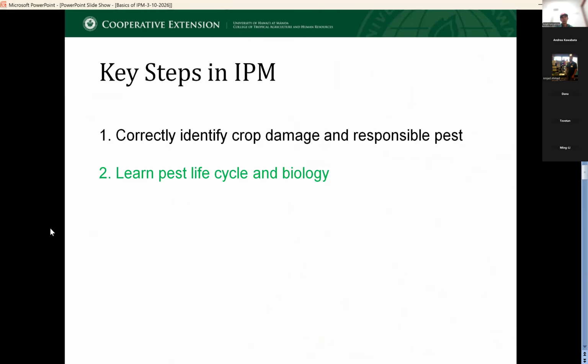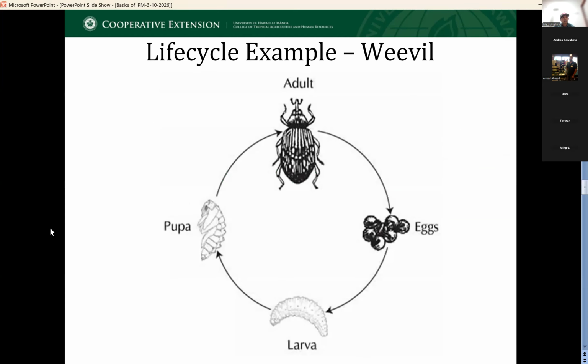Second, learn the pest life cycle and biology. Why? Because, for example, at the larvae stage, I can stop the insect from becoming an adult that is going to impact my crop.